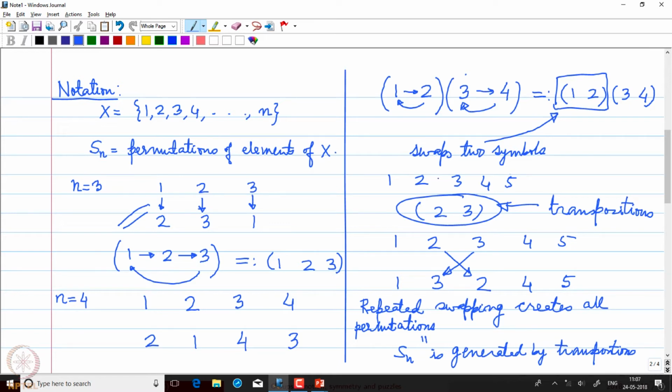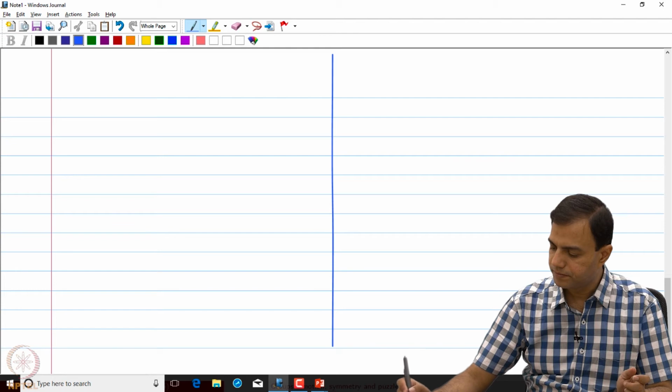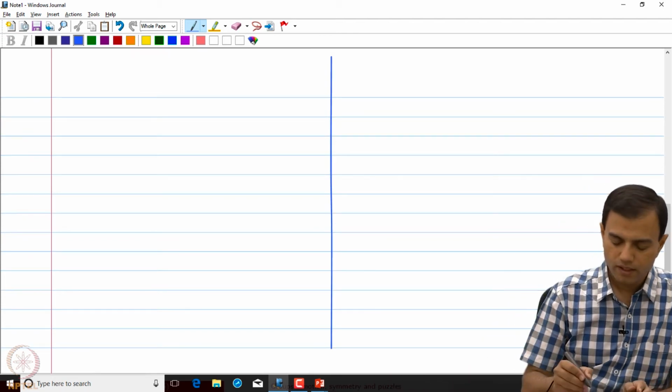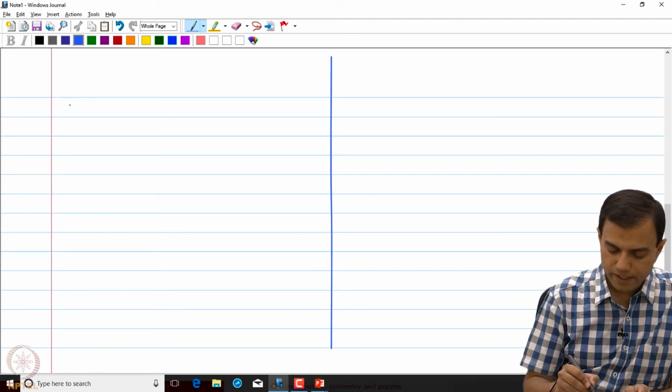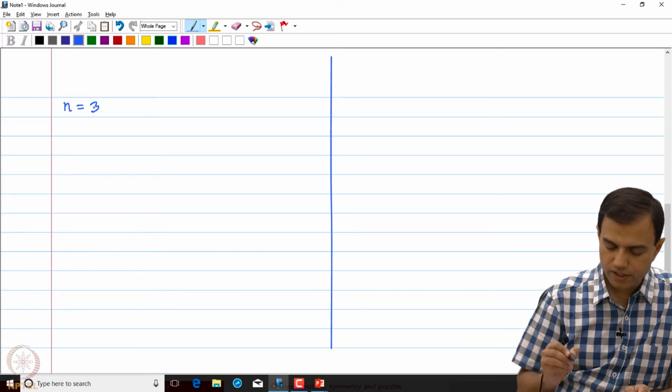So for one transposition, for example, for this, how many swappings have happened? Only one, right? Only once you swapped. So if I take an element, for example, I am simply taking n is equal to 3 and I am considering the element, say, (3 1 2).